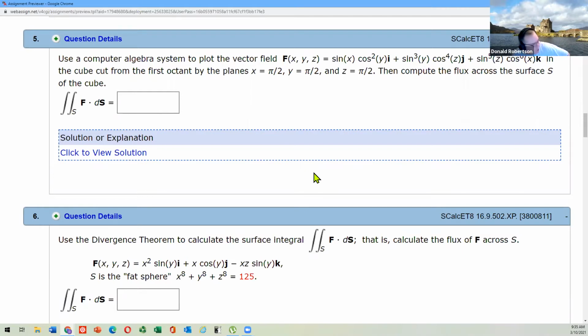Isn't that what they call this particular kind of surface integral? So we've been finding flux all day today and I haven't even called it that. And the region is a cube in the first octant. So since it's in the first octant, I'll switch over to the whiteboard now.